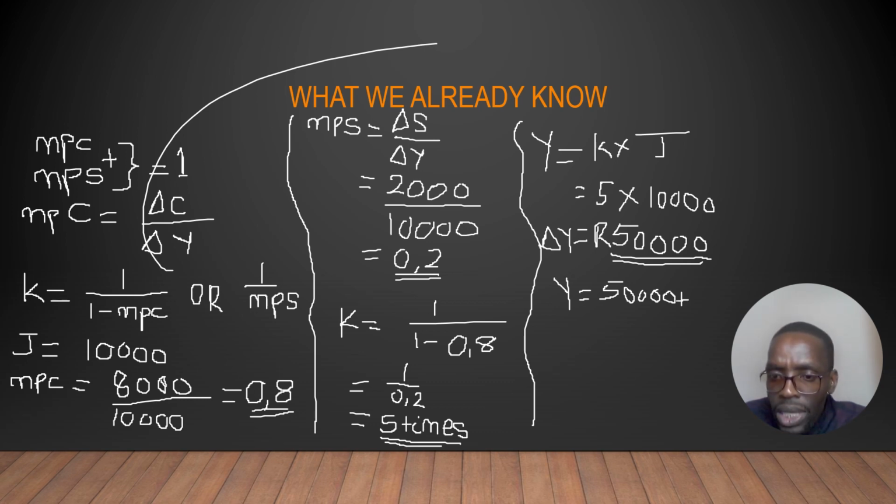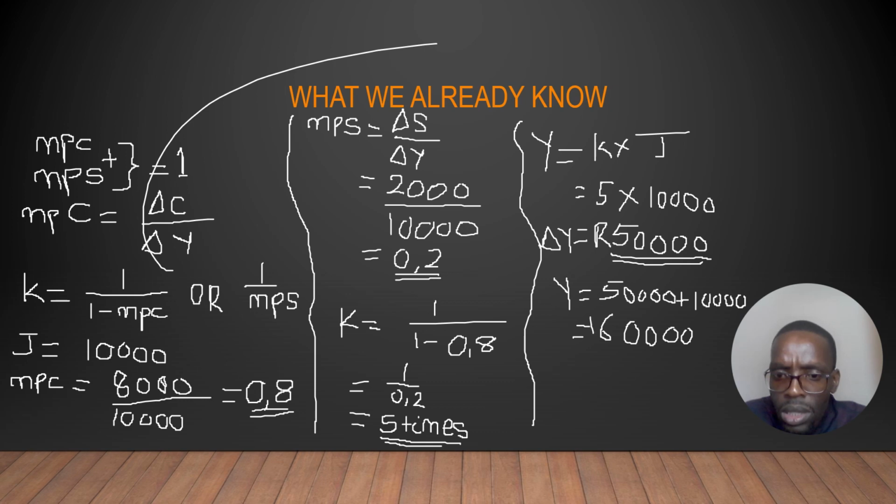Remember, at first we had 10,000 because we said before your parents got a salary increase, they were earning 10,000. So that means now the size of our national income ends up becoming 60,000. I hope you understand what I'm saying and you are following.